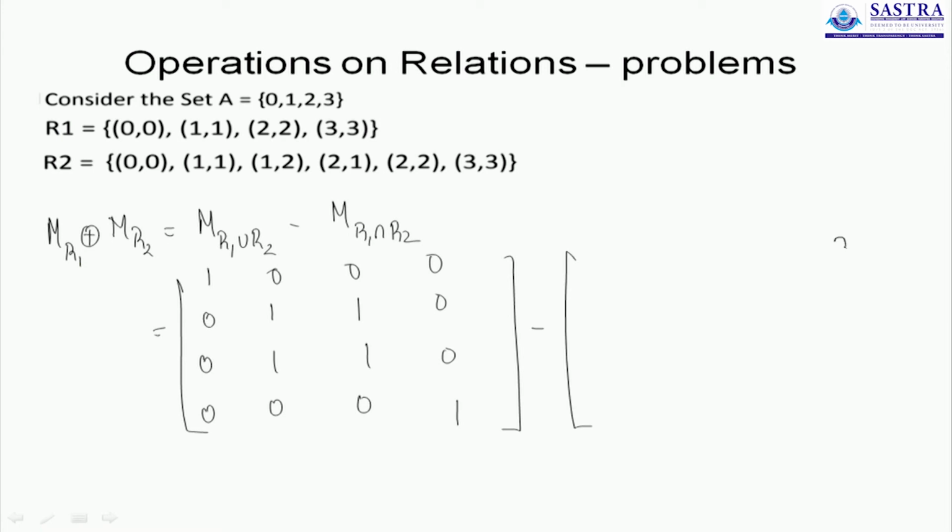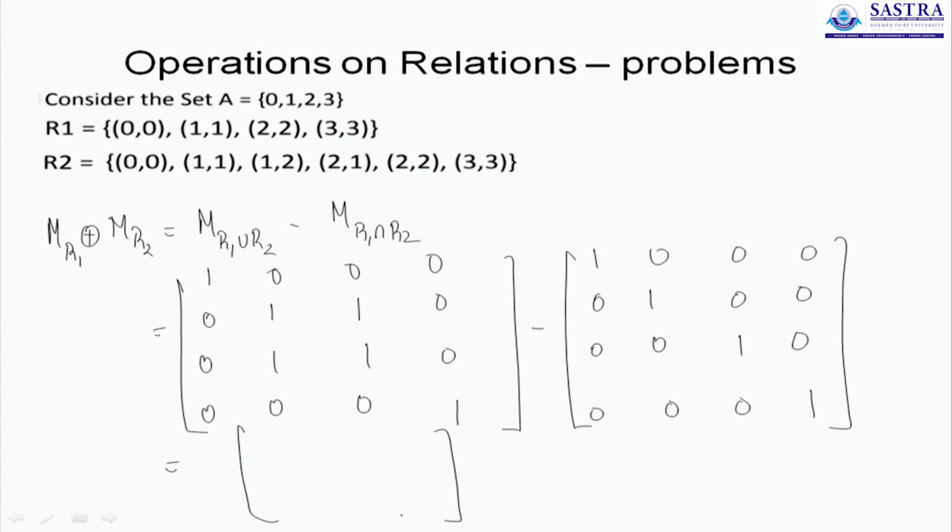Minus the intersection, which was only the identity matrix, subtract both, you'll get the matrix where there are only two ones, zeros in the first two rows, which will correspond to the set of ordered pairs 1, 2 and 2, 1.